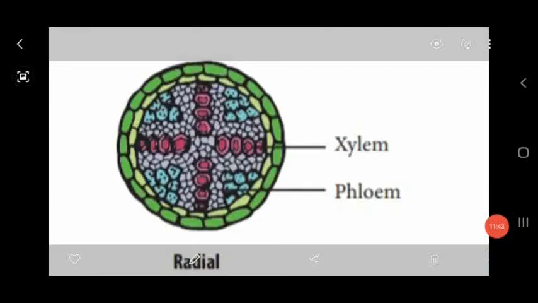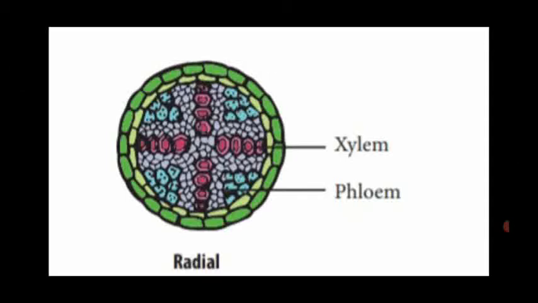Dear students, see the diagram. This is the vascular bundle present in the root region. The red colored parts are xylem and the blue colored parts are phloem. See the diagram of xylem. When they are facing towards the center, the xylem components are larger in size. When they grow towards the margin or periphery, the xylem elements are very small.